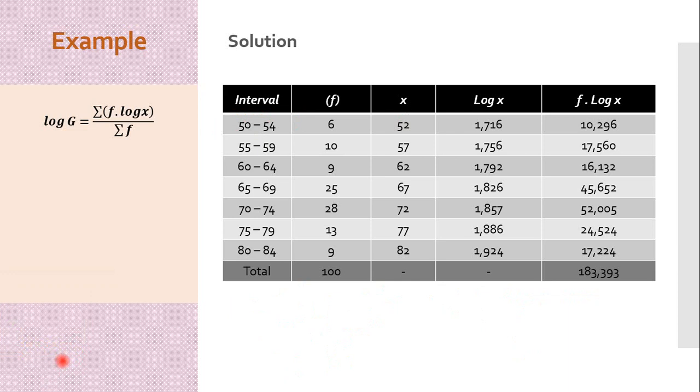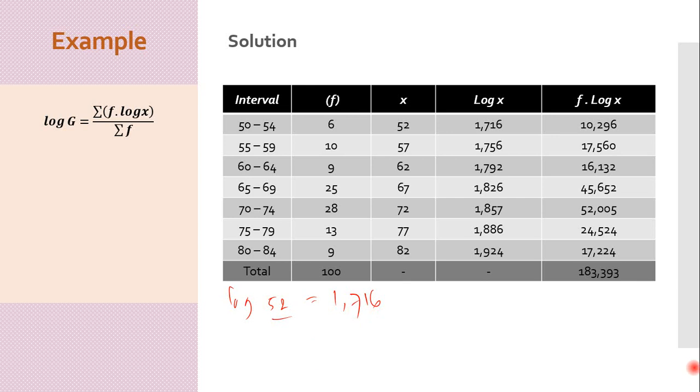Then the log x is just simple. You just need to use your calculator and type log, then enter the value that you want to know the log of. So log 52, you just type it in your calculator and you get this value, and so on.